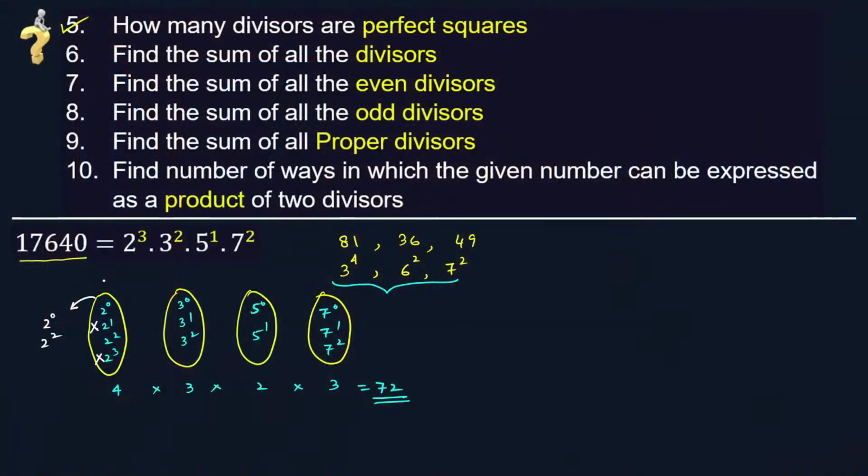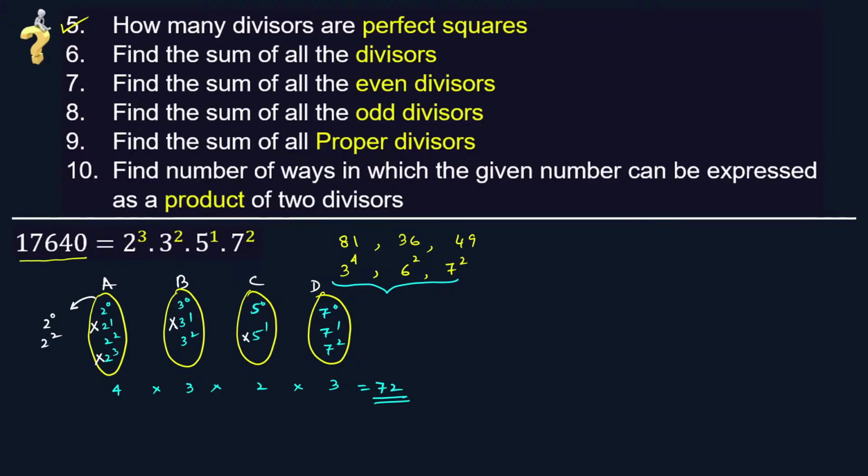So from set A, I am going to select either 2 to the power 0 or 2 square. Similarly, from set B, I am going to reject 3 to the power 1, because the exponent of 3 in this case is 1. So I am going to reject it. I am going to take only those exponents which are even.